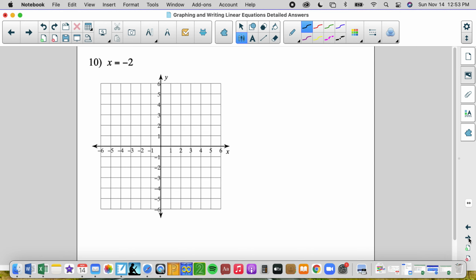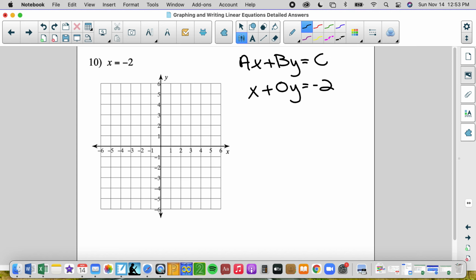Here's the other tricky one. We're still in standard form. So standard form looks like this. So I have my x value, but I don't have a b value. So, sorry, let's plug in that. There you go. So that equation, x equals negative 2, looks like this.